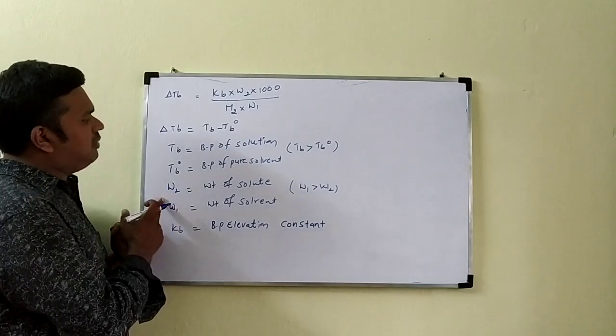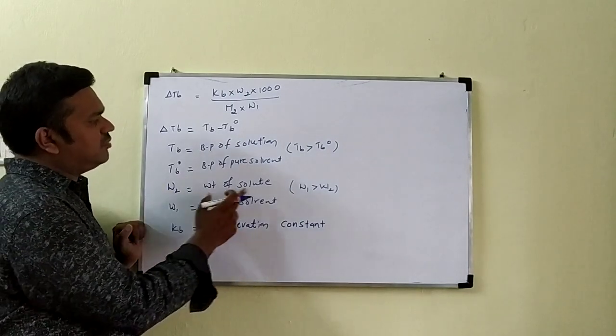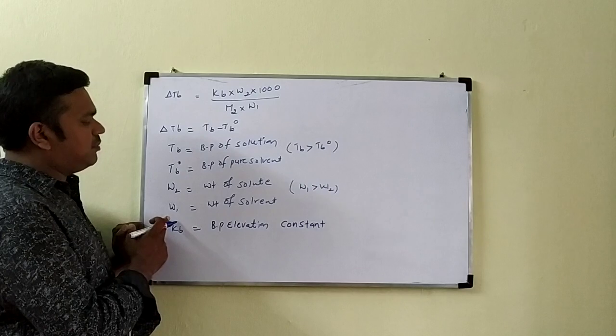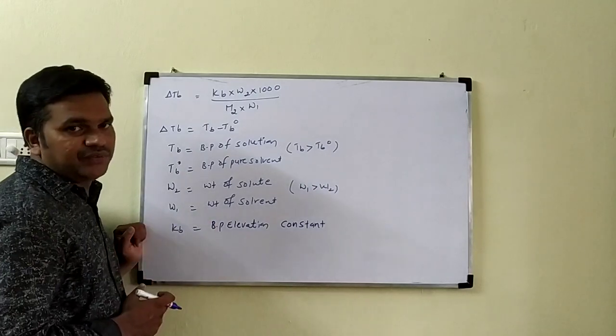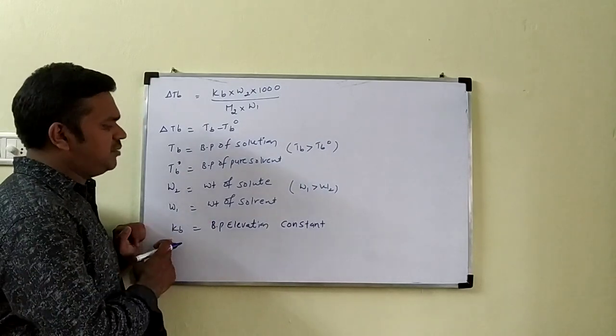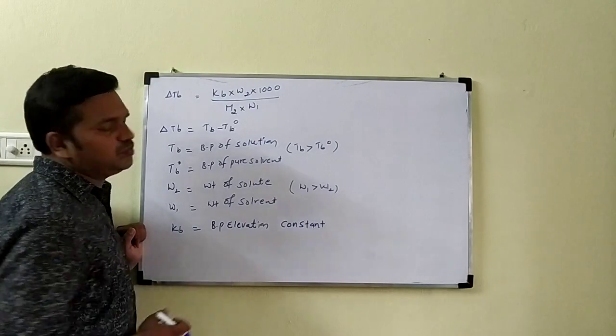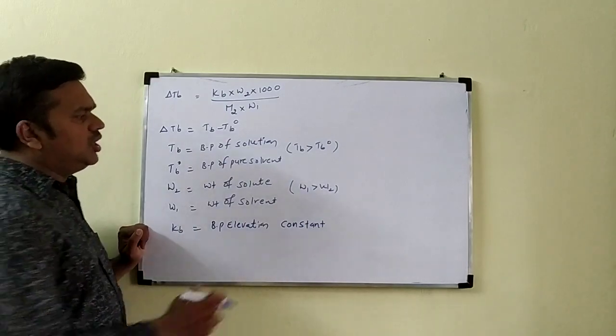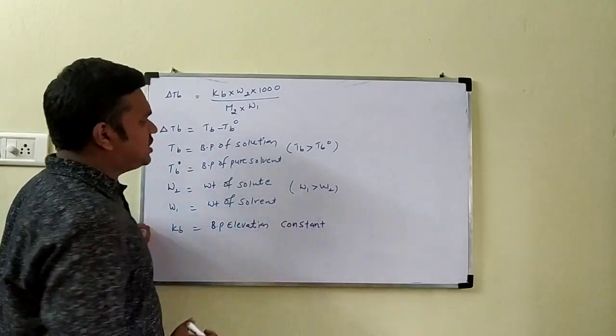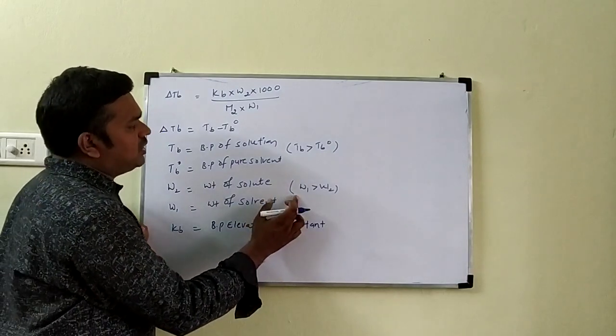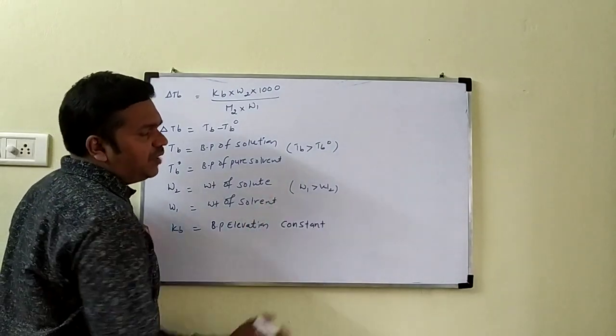Now we can see here W2. What is W2? Weight of the solute. What is W1? W1 is the weight of the solvent. What is Kb? Kb is the boiling point elevation constant. We can compare solute and solvent generally. Weight of solvent is always greater than weight of the solute.